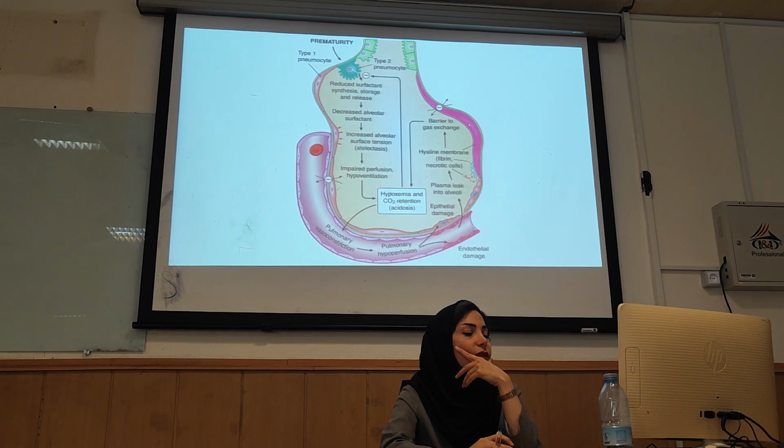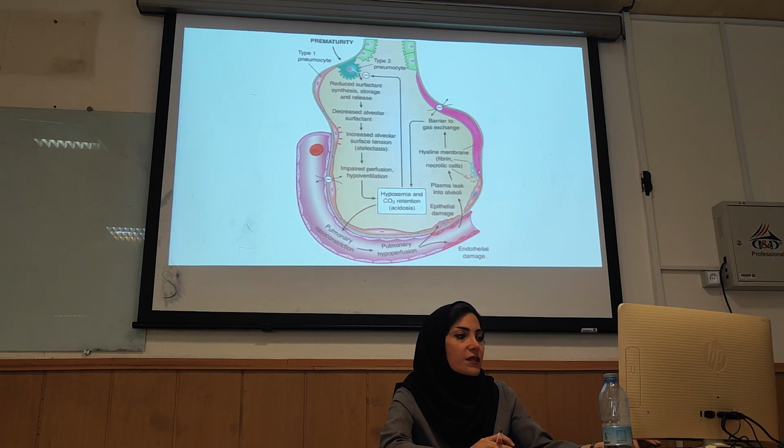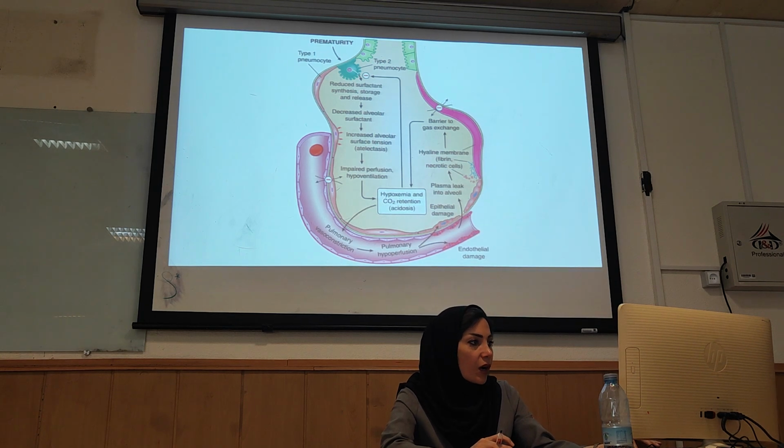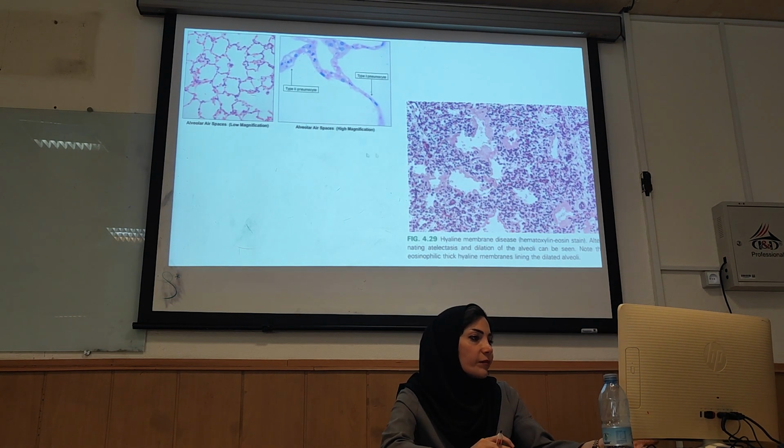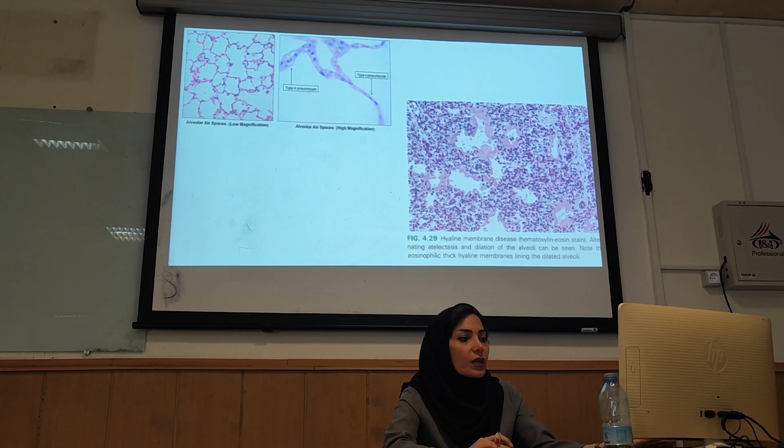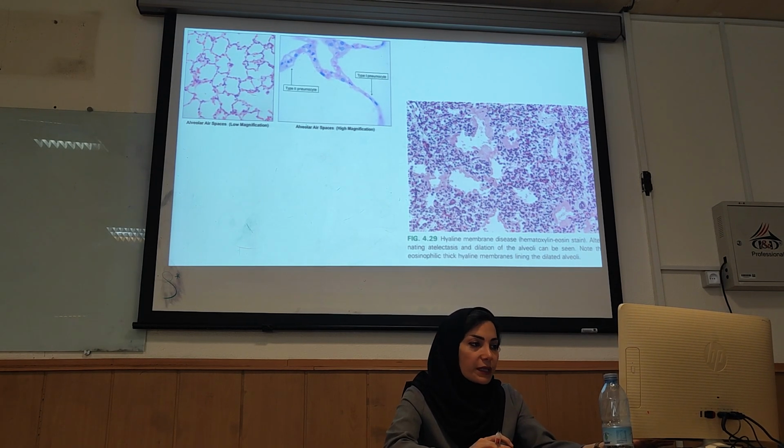And at the end you see an eosinophilic hyaline membrane on the inner surface of the alveoli. All of these events represent RDS, or respiratory distress syndrome. A normal lung tissue, with normal alveoli, compared to lung tissue with RDS.